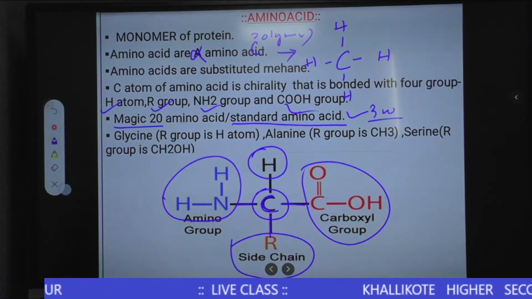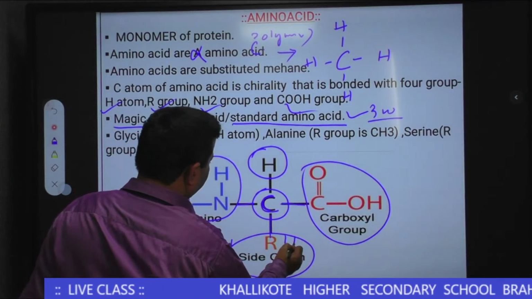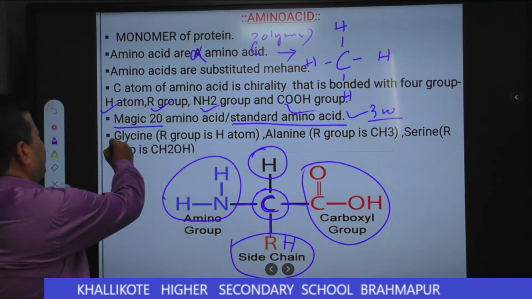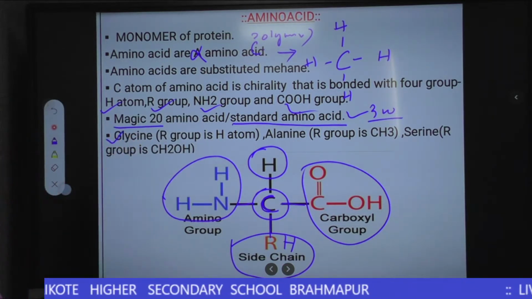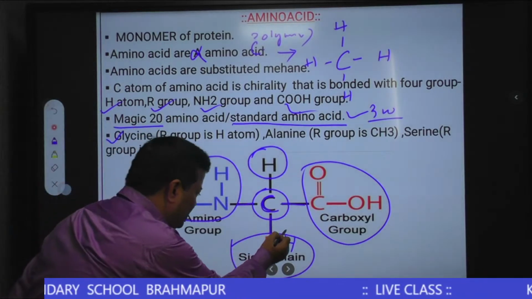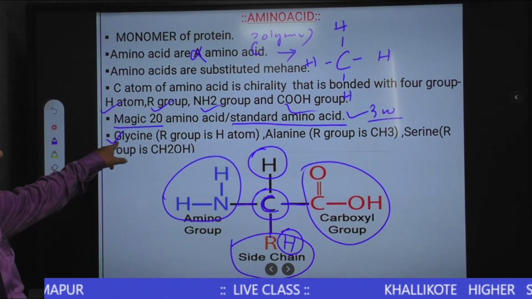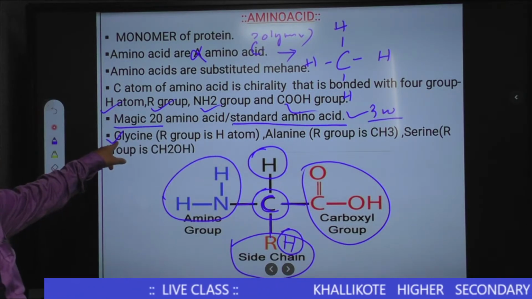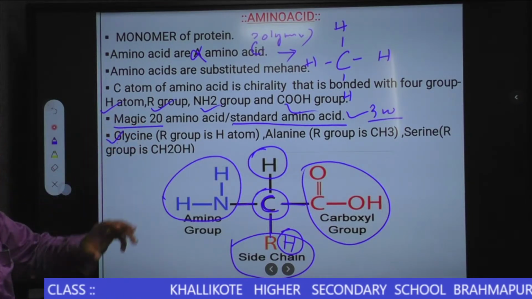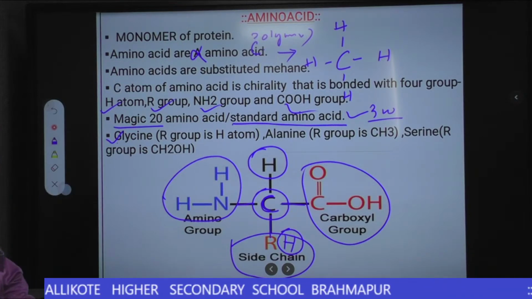But when the alkyl group is a hydrogen atom, the amino acid is called glycine. Remember, glycine is the simplest amino acid among the 20.